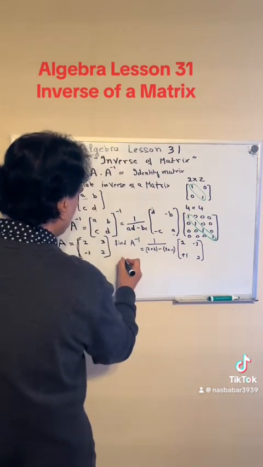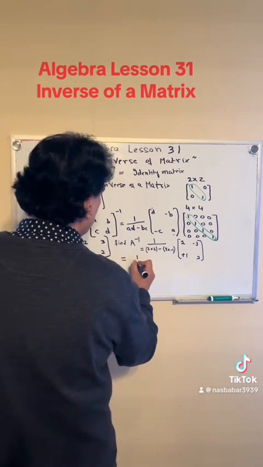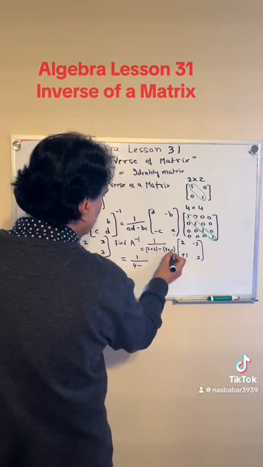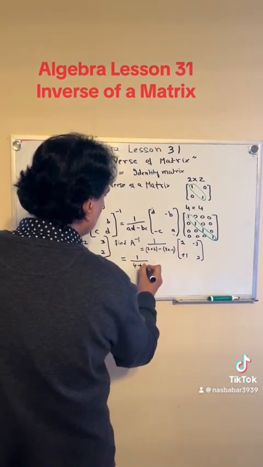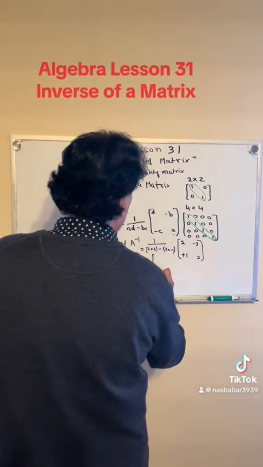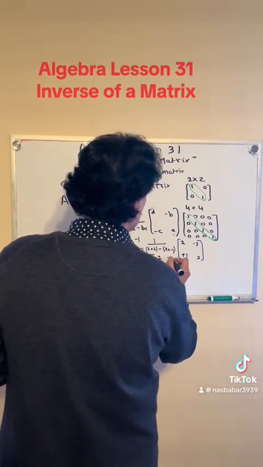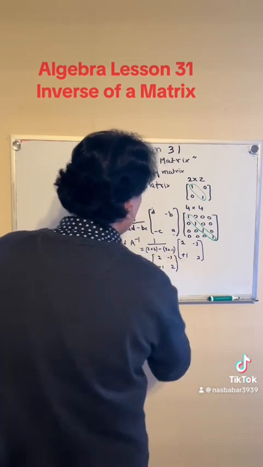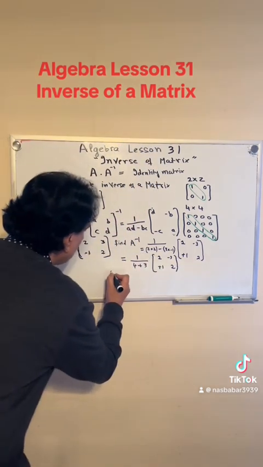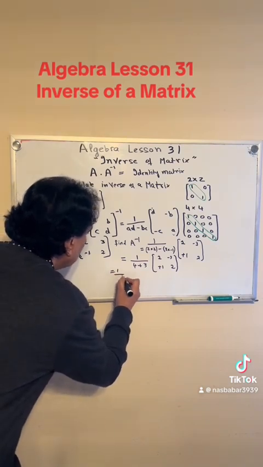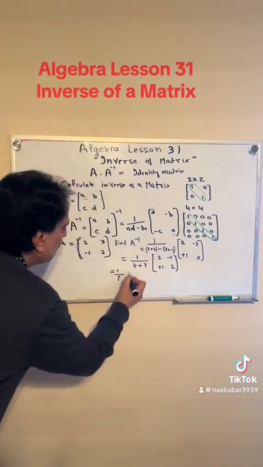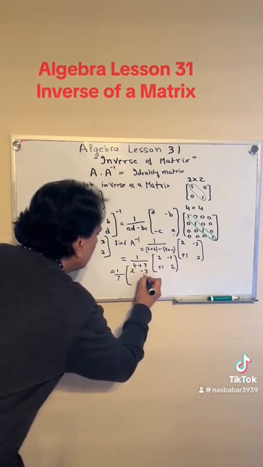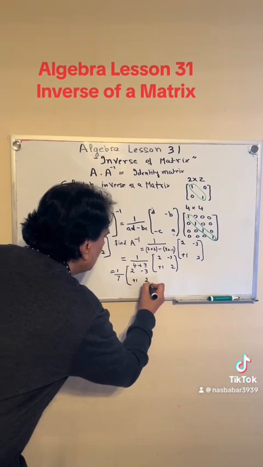So that is equal to 1 over 2 times 2, 4, minus 3 times minus 1, which makes it plus 3, and then you have 2, minus 3, plus 1, and 2. Expanded more, it becomes 1 over 7, because 4 plus 3, and then we have 2, minus 3, plus 1, and 2.